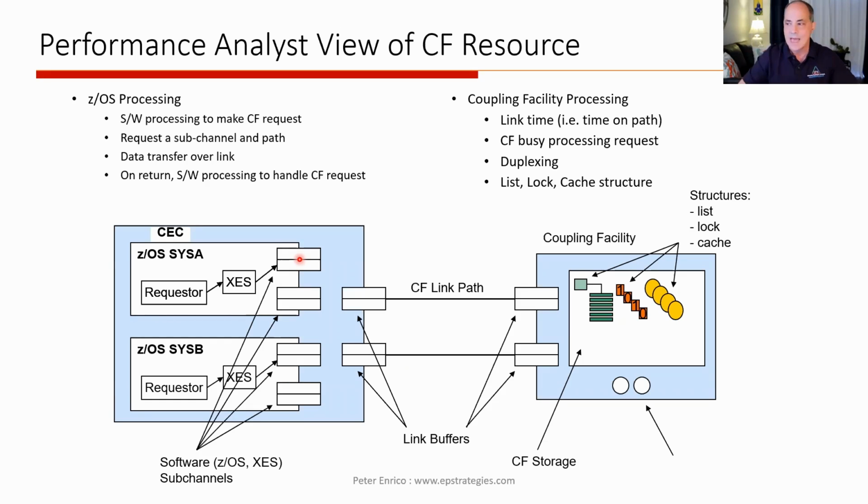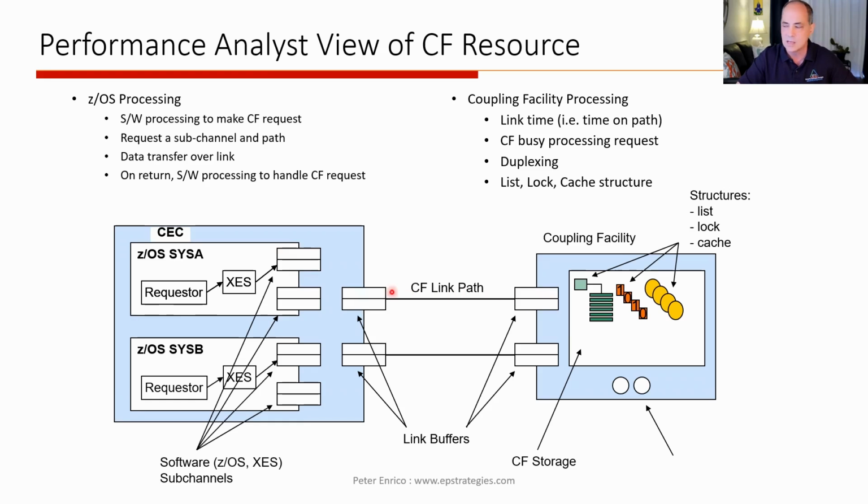Once the request has a subchannel, it then needs a channel, a coupling facility link, in order to communicate from the z/OS system over to the coupling facility itself. So once you have the subchannel, the next thing SES has to do is stage the request in a coupling facility link, which then makes that request over to the coupling facility.